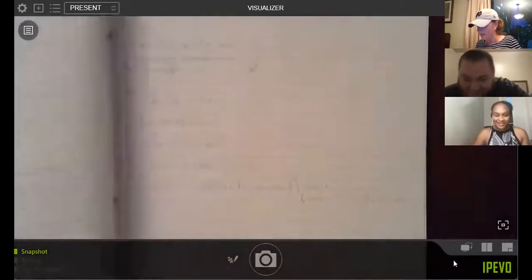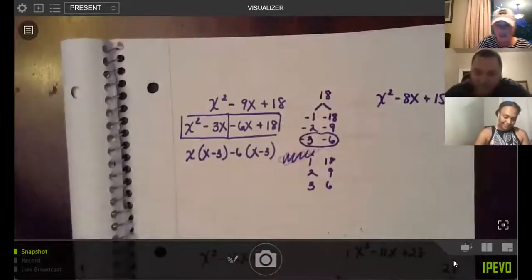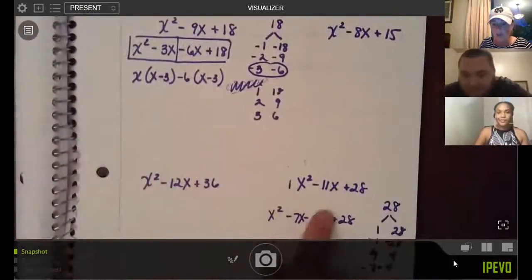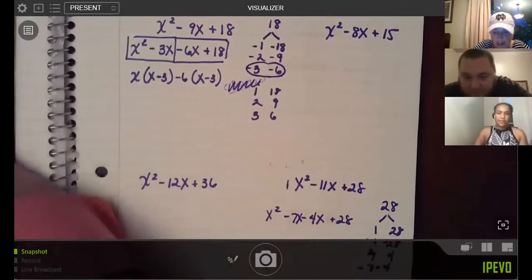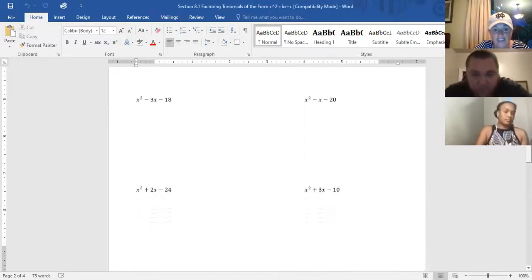Here, let's keep playing with the ones we were writing down. Let me share this. So you guys have this down, right? Where they both have to be positive or they both have to be negative. And then the only other type is when A times C is negative. Like here, do you see these are negative? This times this is going to give you a negative number, and then one's going to be positive, one's going to be negative.